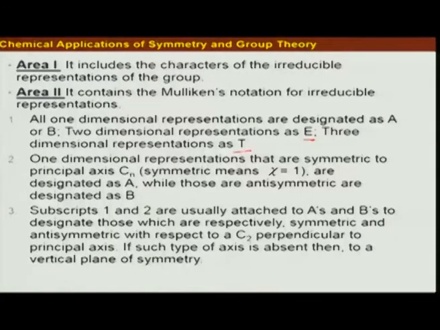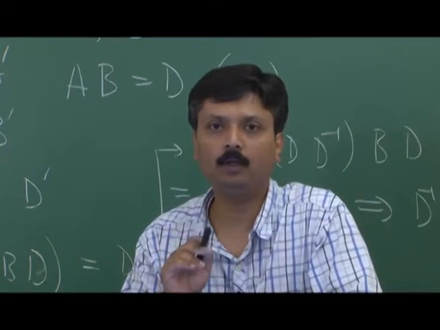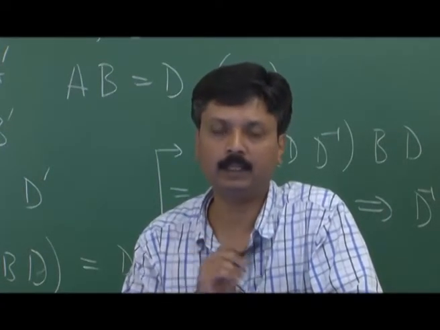Now, after assigning this A or B or T or E for this particular IR based on their dimensionality, we move a little further. So, let us see what those are. For one dimensional irreducible representations, after we have assigned that they will be either A or B, how do we know whether it will be A or B? We have to look at the character corresponding to the principal axis of symmetry.